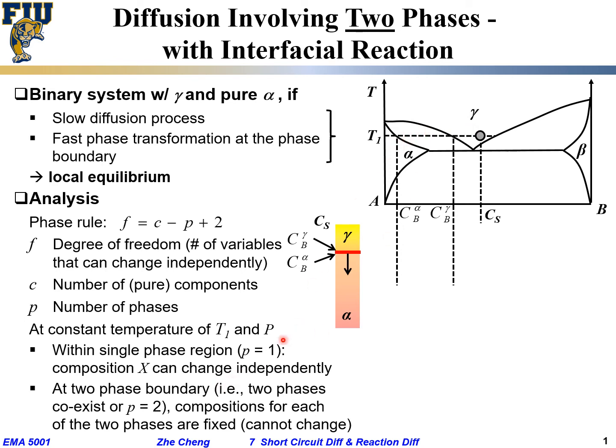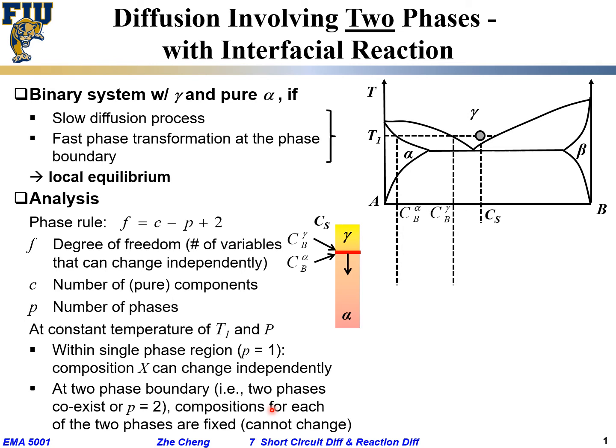And we are doing it at constant pressure, 1 atmosphere, then we are left with what? 0 degrees of freedom. What does that mean?